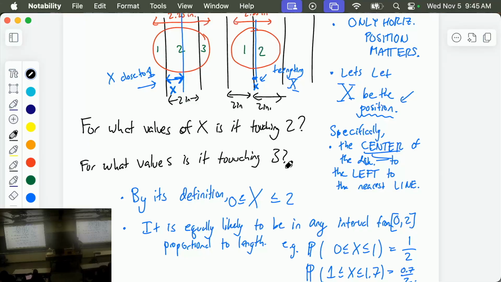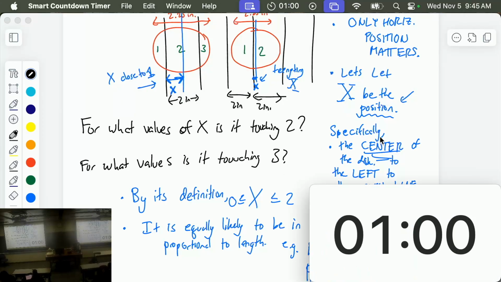Okay, I'll let you think for a minute or two. If you can come up with a good answer to this question, calculating the probability is a snap. The hard part now is doing this. Okay, let me give you a timer here for a minute or two, and then we will take it up.